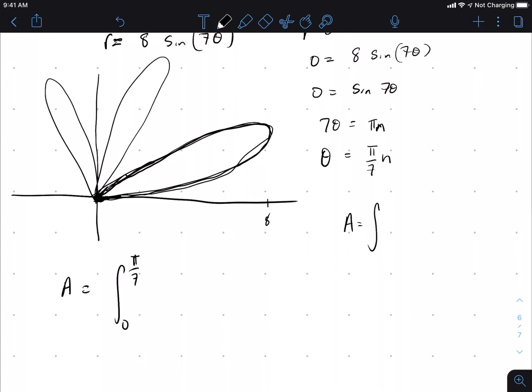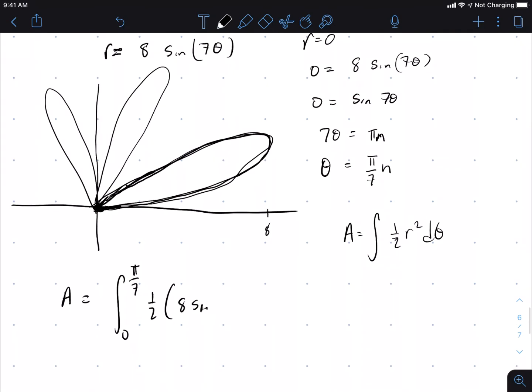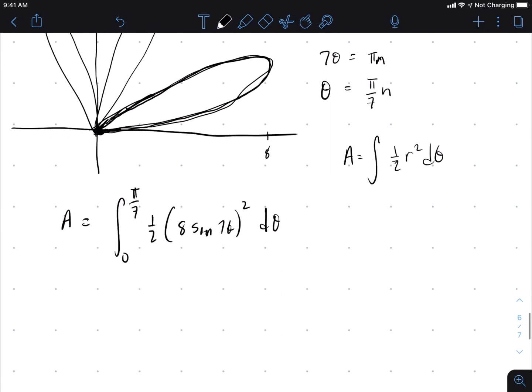One half r squared d theta. So we have our r, right? So we're going to go one half, it's going to be 8 sine 7 theta squared d theta. Right? So we can do that.